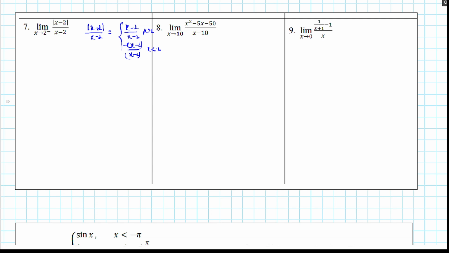As x approaches 2 from the negative side, we have to use this piece. So the limit as x tends to 2 minus, we use the piece negative x minus 2 over x minus 2, which is negative 1. So the limit is negative 1.